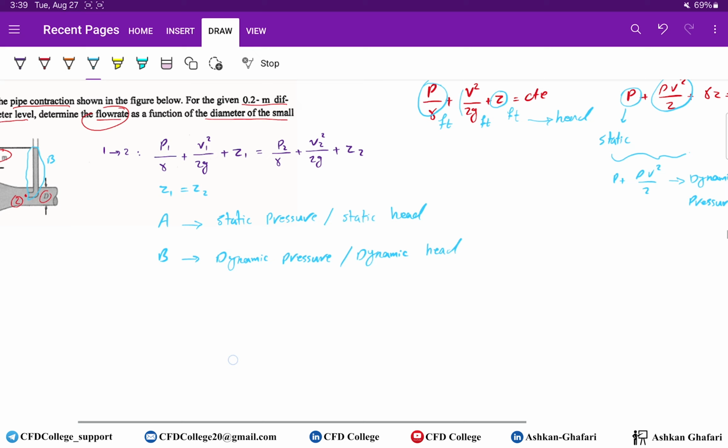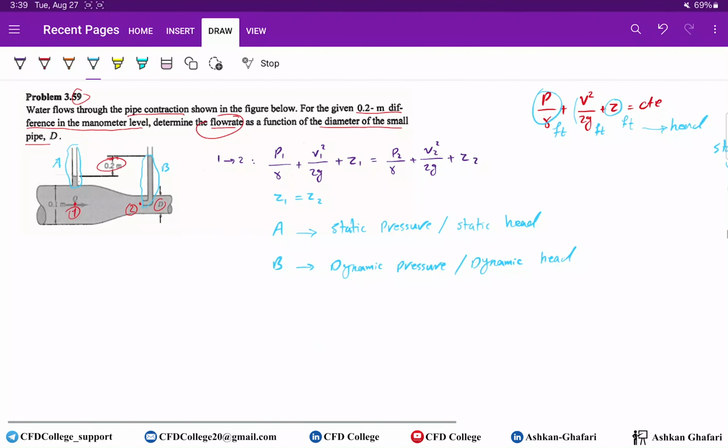So let's get back to our problem. Using manometer type A, we can find static head, and using type B, we can find dynamic head.